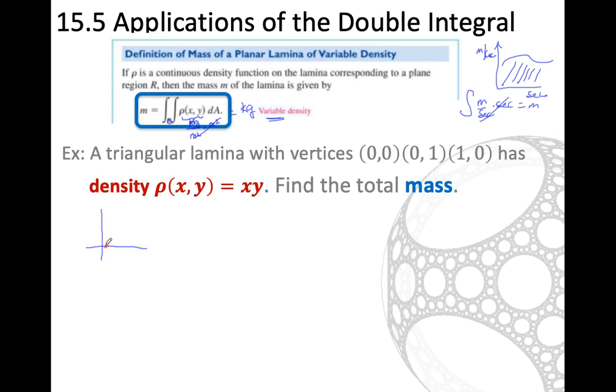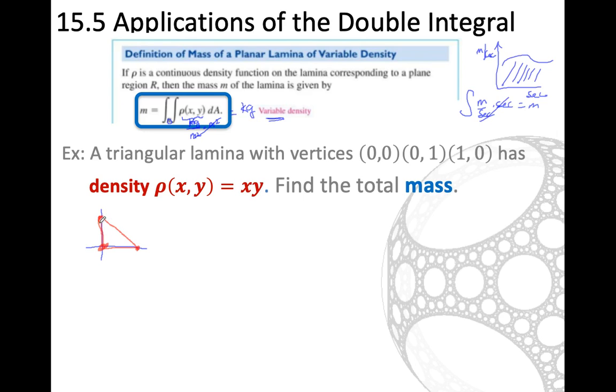I have (0, 0), (0, 1), and (1, 0). So there's my triangular lamina, and the density in this lamina varies with the product of x times y.